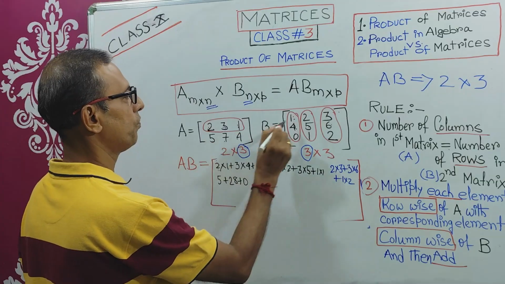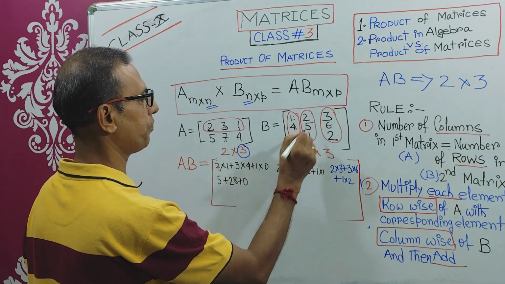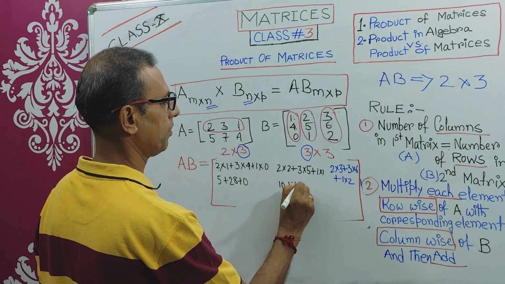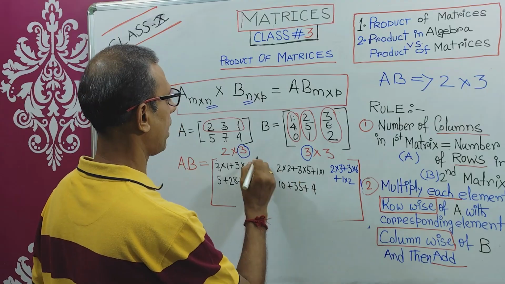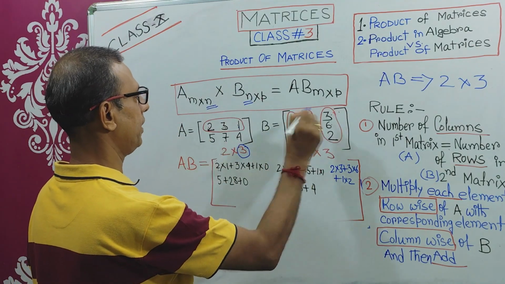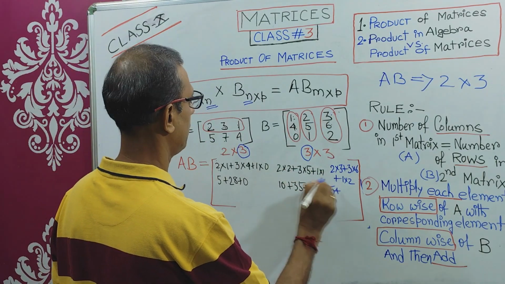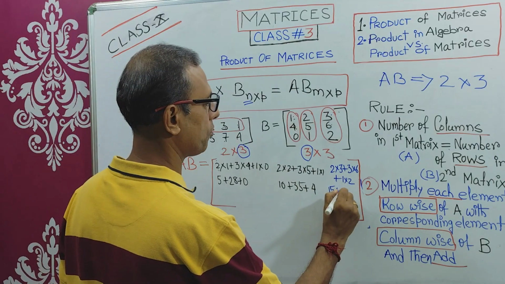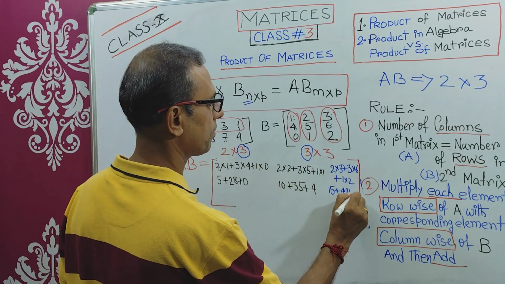Second one is 5 into 2, 10 plus 7 into 5, 35 plus 4 into 1, 4. And the third element will be 5 into 3, 15 plus 7 into 6, 42 plus 4 into 2, 8.